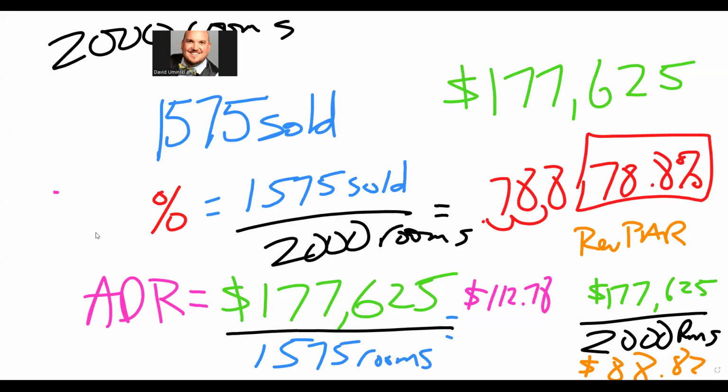Number 4 and number 5. We have 450 rooms in the hotel, correct? For our RevPAR, revenue per available room, we cannot use 450. Why? There are 7 days in the week, right?